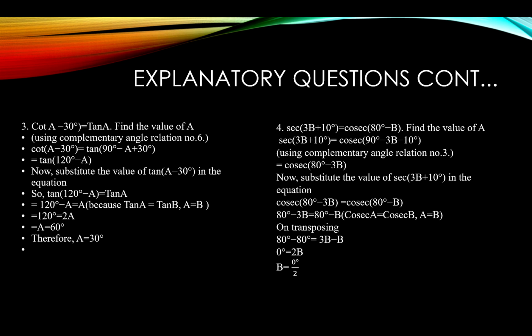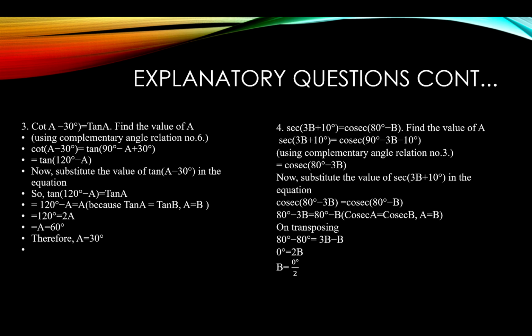So I subtract 10 from 90 and I get 80. So my answer is cosec(80 - 3B). Now we substitute the value of sec(3B + 10), which is cosec(80 - 3B), in the equation, and the equation becomes cosec(80 - 3B) is equal to cosec(80 - B).